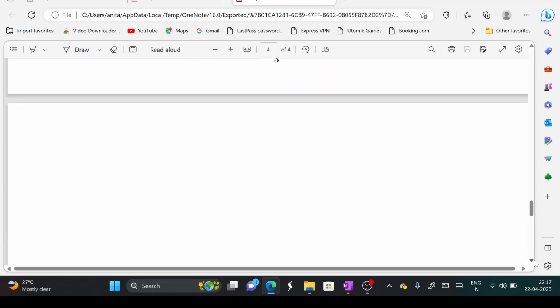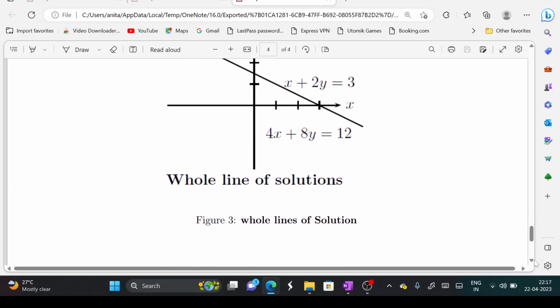Similarly, when the coefficients of x are 1, 4, the coefficients of y are 2, 8, and the right-hand side coefficients are 3, 12, all of them are in one ratio. That is, the first equation times 4 is the second equation.